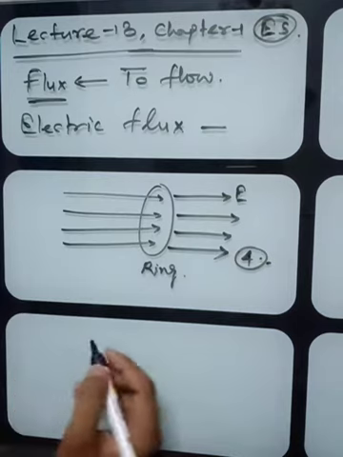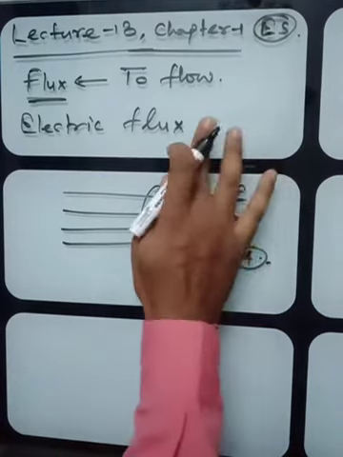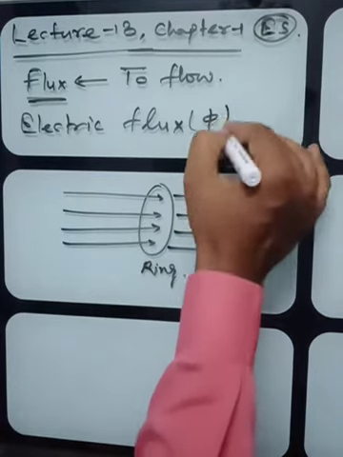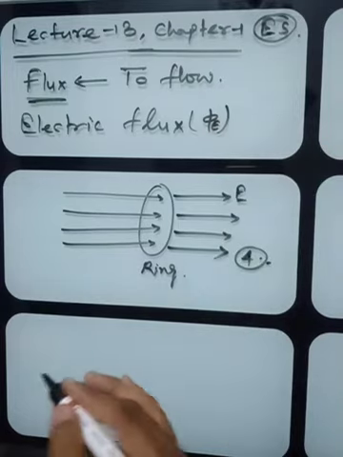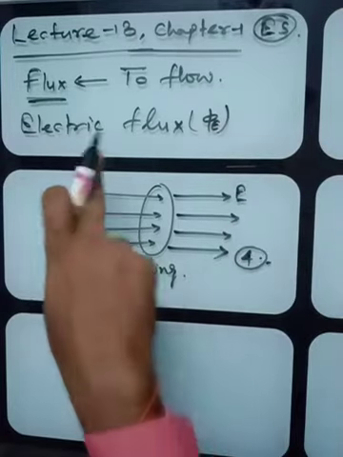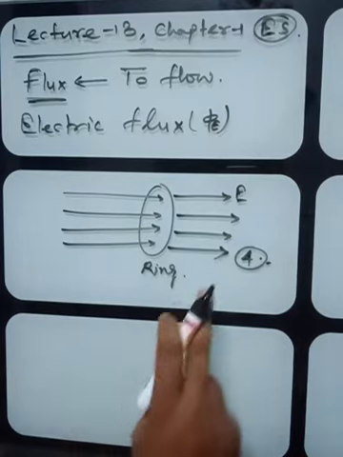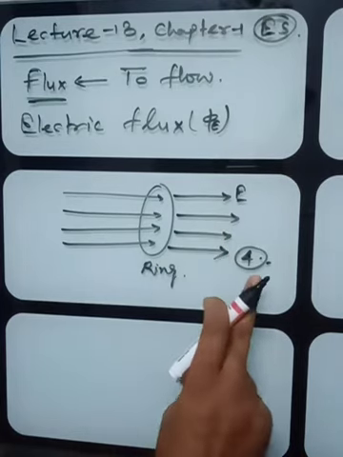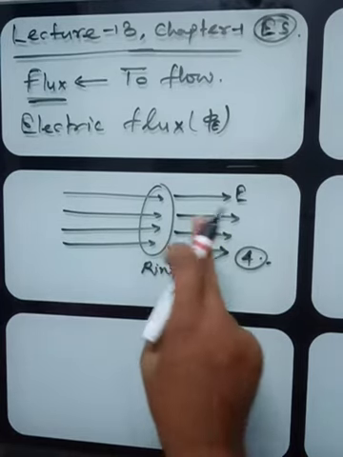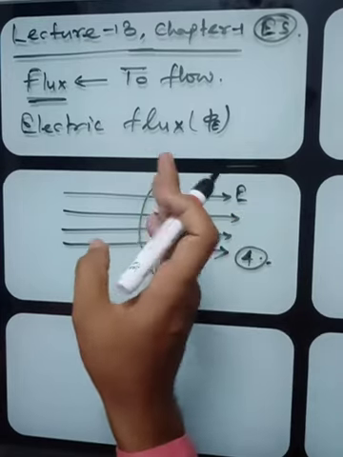If this electric flux is represented by phi, for electricity we use phi E, and for magnetic phi B. So the electric flux is nothing but the counting here, 1 2 3 4. The counting of field lines will give you the electric flux.